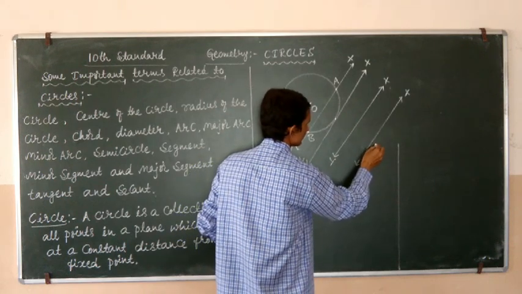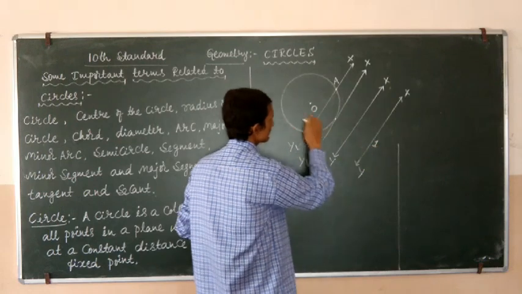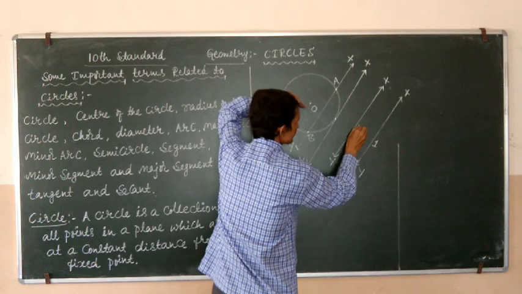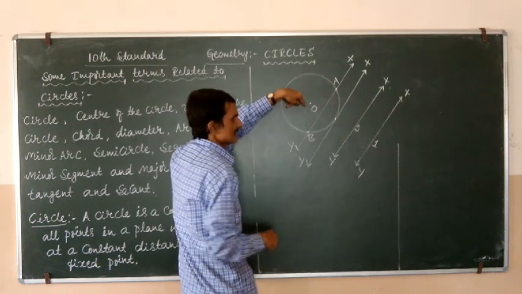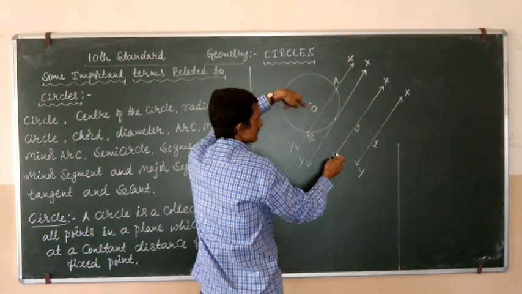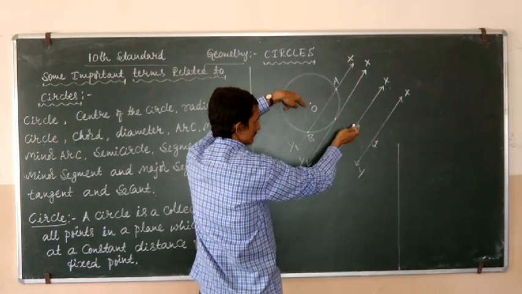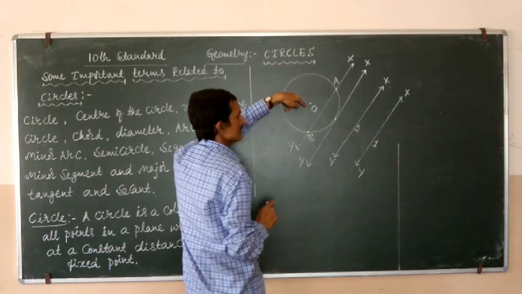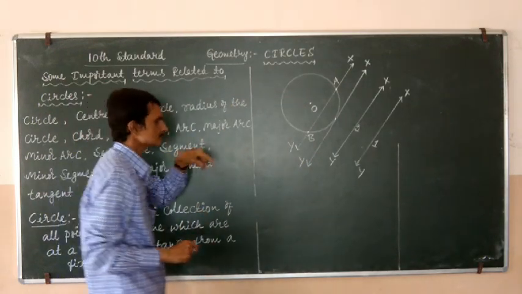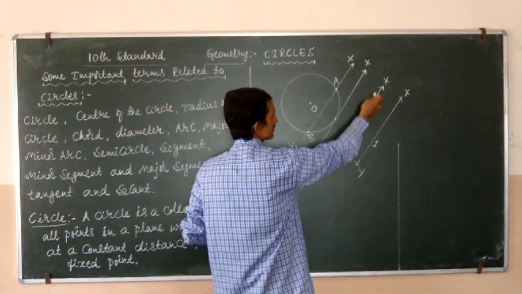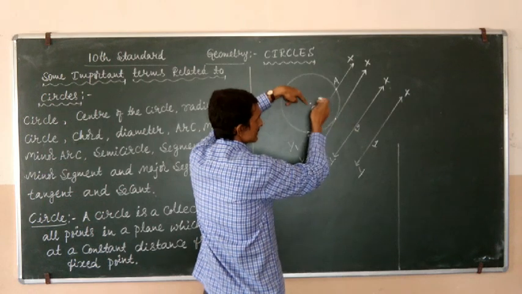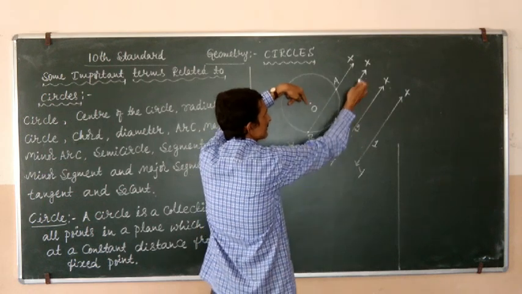So in the first line segment, it is far away from the center of the circle. So in the second figure, the XY is small, nearer to the center, or it is closer to the center.